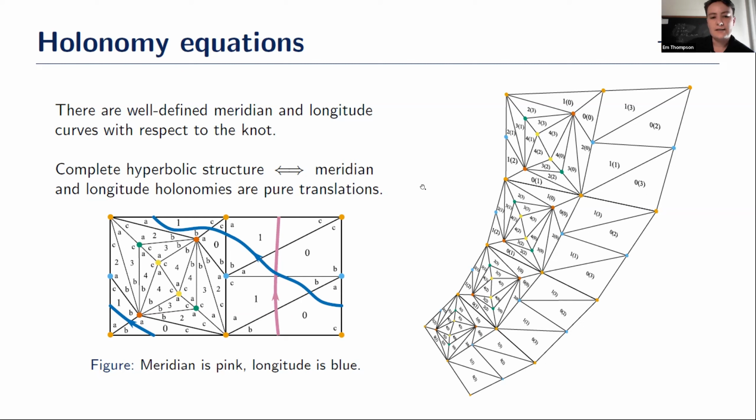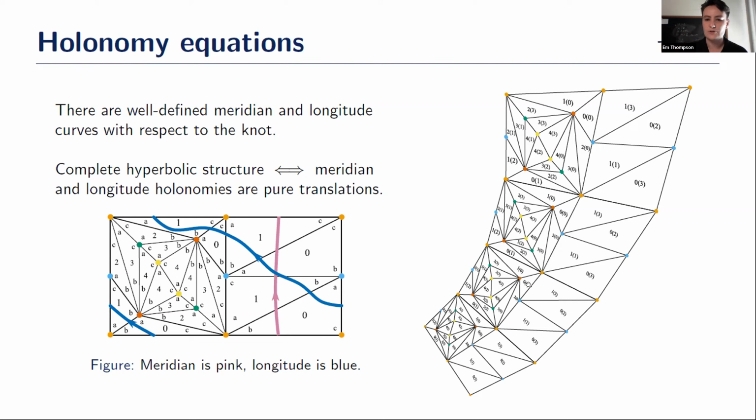And it turns out that the complete hyperbolic structure corresponds exactly to when the parameters that these curves pick up along the way multiply to 1. In the universal cover, in upper half space, we want the fundamental region to completely tile hyperbolic space, and that happens when these holonomies equal 1.